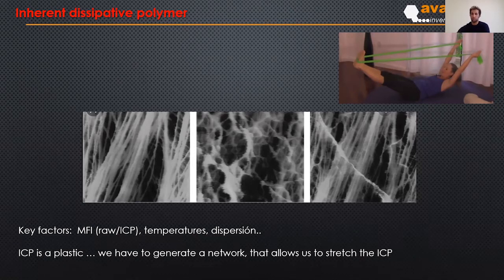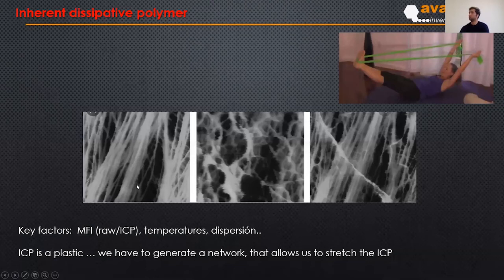First, I need to clarify that this inherent dissipative polymer must not be 100% compatible with your polymer. Why? Because if it is 100% compatible, we never generate this kind of filaments, which are at the end the base to generate the network.